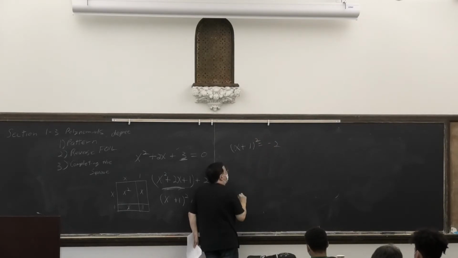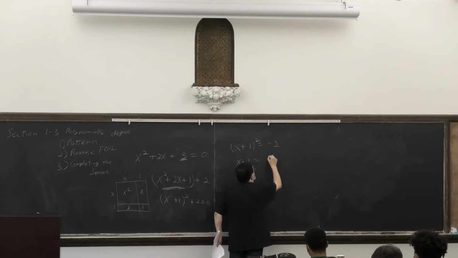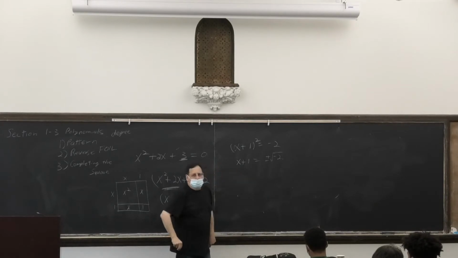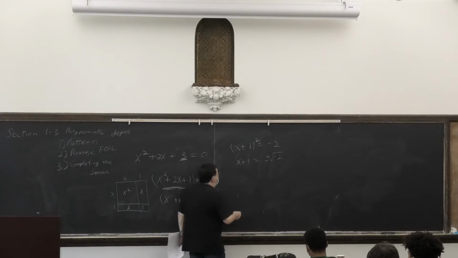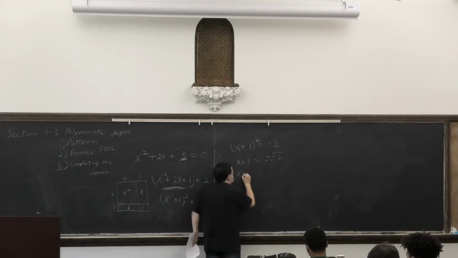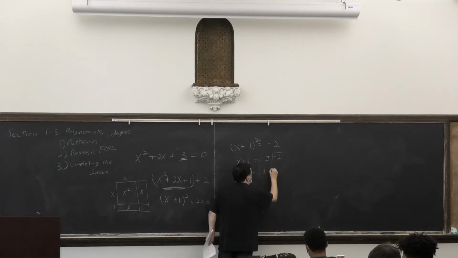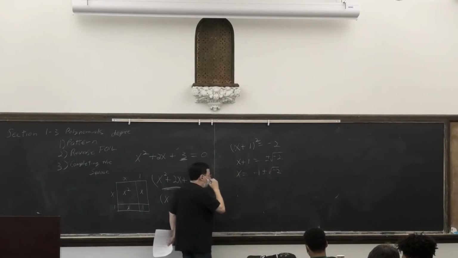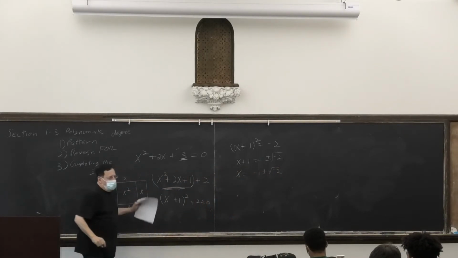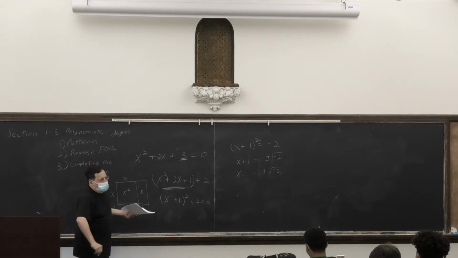I would find the square root of both sides. x plus 1 equals plus or minus the square root of negative 2. Unfortunately, I picked numbers that are going to come up imaginary. It's all right. It still works. And now I get x equals negative 1 plus or minus the square root of negative 2. And I have my roots. This will always work, but again, you're probably never going to use this strategy.